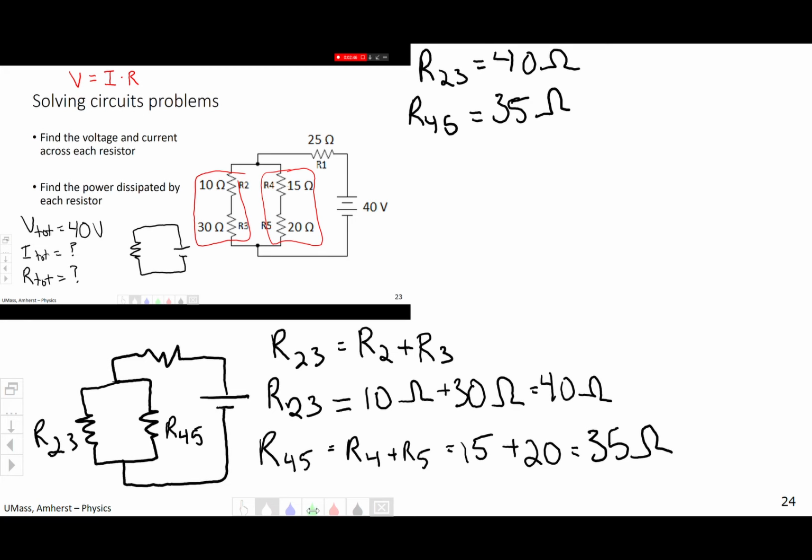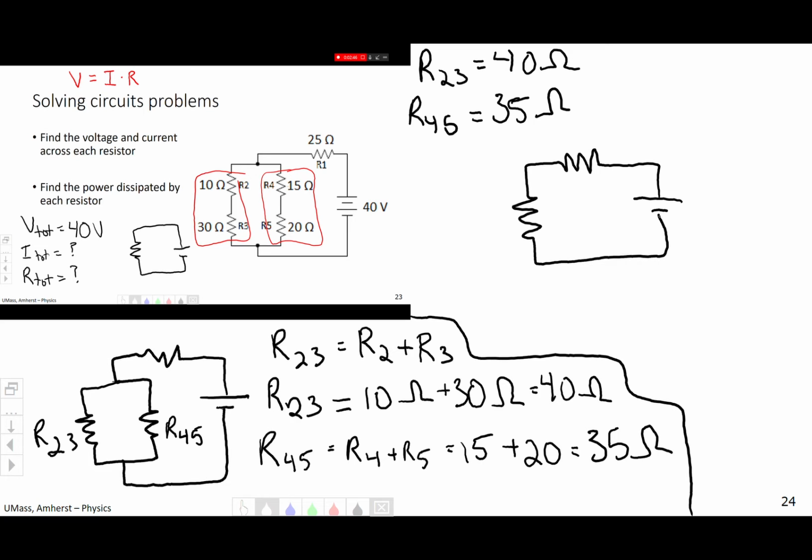Now let's break this down into an even simpler circuit. Let's say we want this circuit right here. Okay, so what are we doing here?